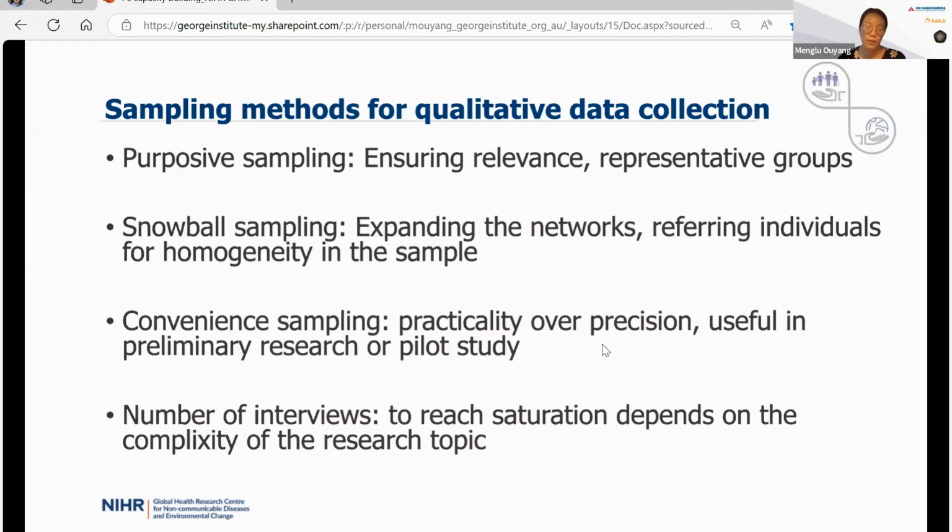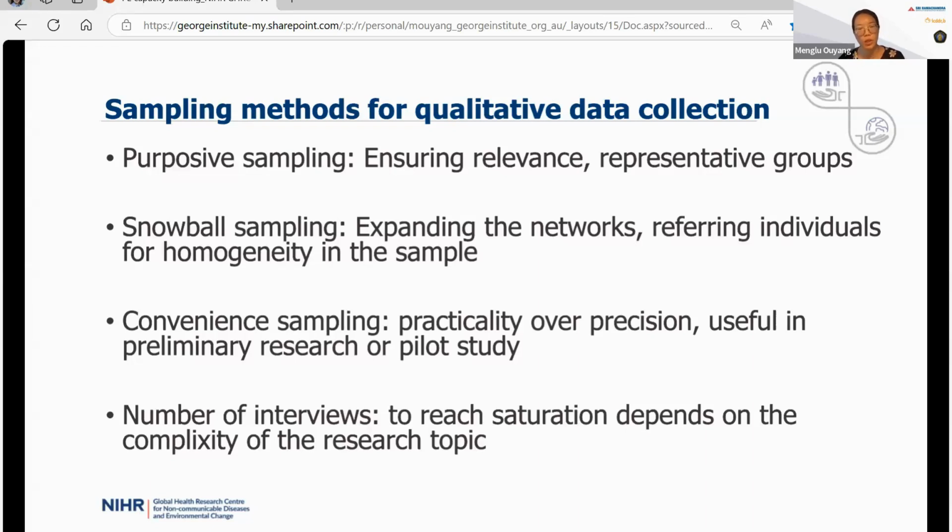For qualitative data, it's much more about reaching saturation, which means you have much more fruitful data and things coming out. It also depends on the complexity of the research topic. If your research topic is quite simple, probably 10 to 15 interviews should be enough.